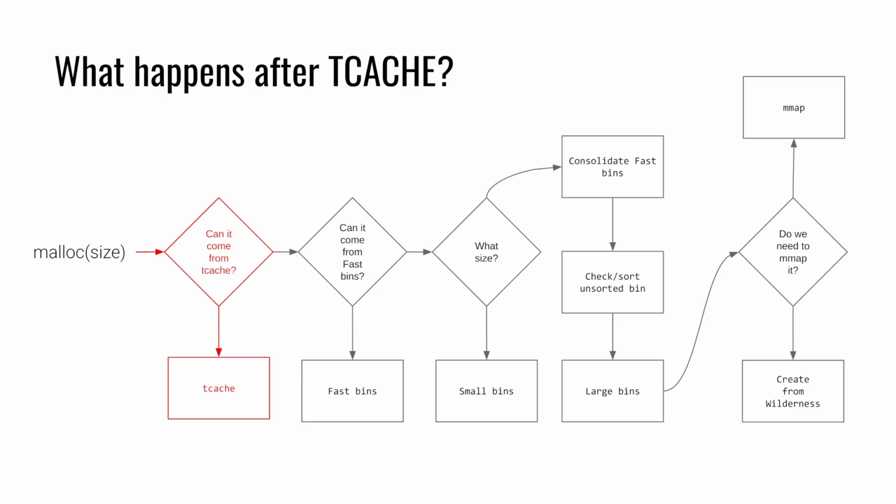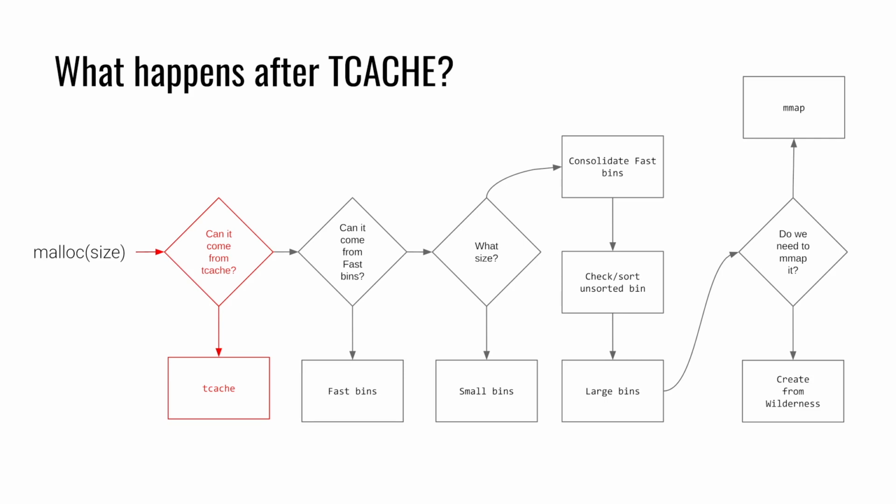And so the large bins haven't been filled, we haven't started putting stuff in there because we're early in a process's lifetime, then we're going to create the chunk from the wilderness. And remember, the wilderness is kind of this giant chunk that consists of everything in the heap that hasn't been turned into a chunk. There's just this giant chunk that is everything that isn't a chunk, and we refer to that as the wilderness.